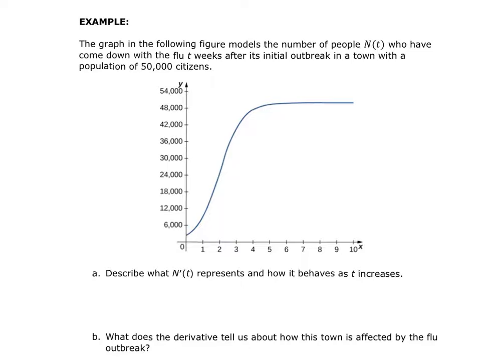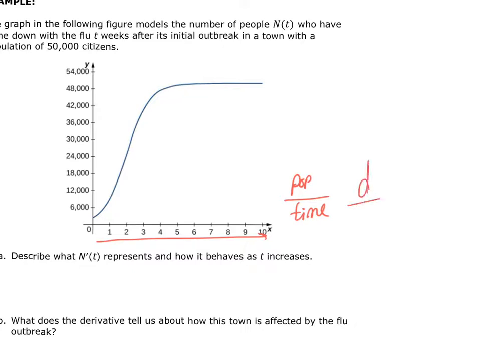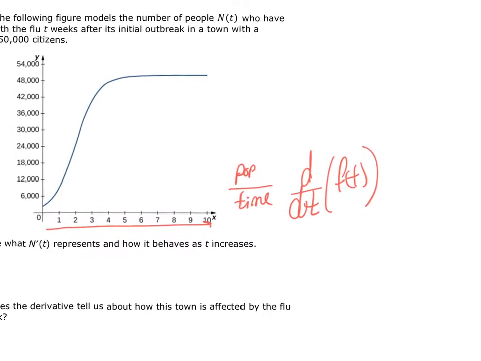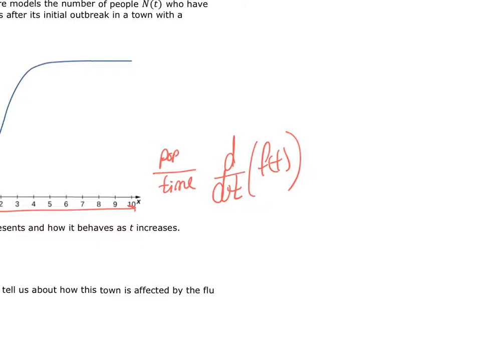What do you think n prime of t would represent on this? Yes. So if this is time, that would be x, so x is time. This is the population. If I want to take the derivative with respect to time of my function, and this might help you with some of the homework questions, my output should be population, right?